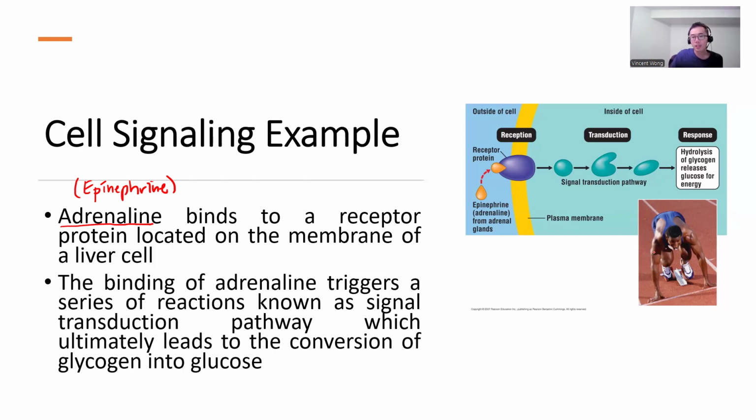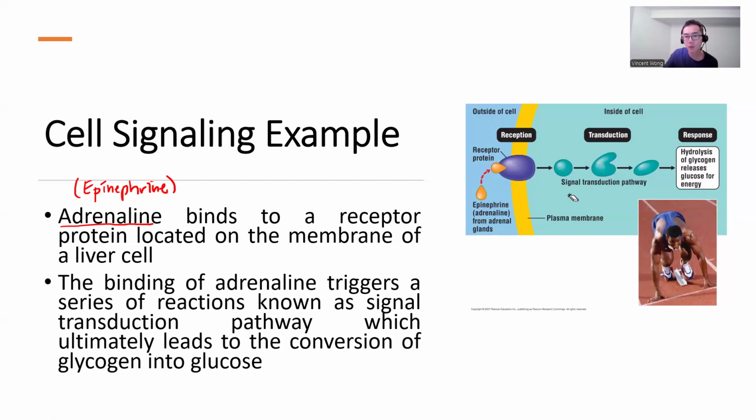So think of a person who's getting ready to run a sprint or some kind of race. They are going to need a lot of energy to power their muscles, right? So their body's going to release the adrenaline, and the adrenaline will bind to the receptor on a cell.